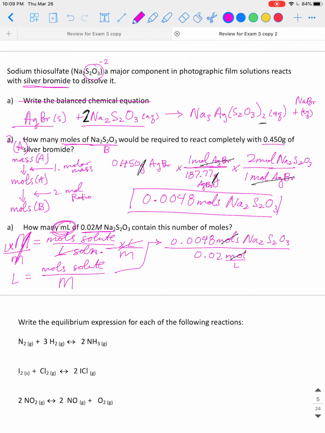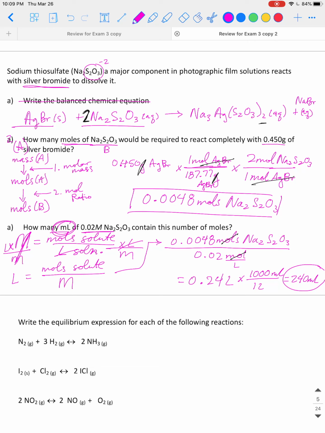So now we'll just plug this in to our calculator. 0.0048 divided by 0.02 equals 0.24 liters. But the question wants milliliters, so let's convert that to milliliters. For every 1 liter, you get 1,000 milliliters. So you should get 240 milliliters of solution. There's our answer.